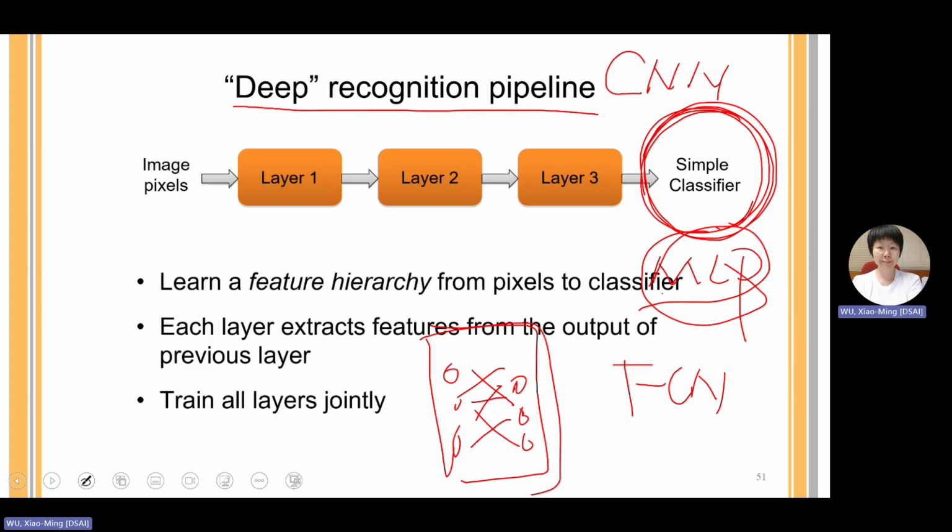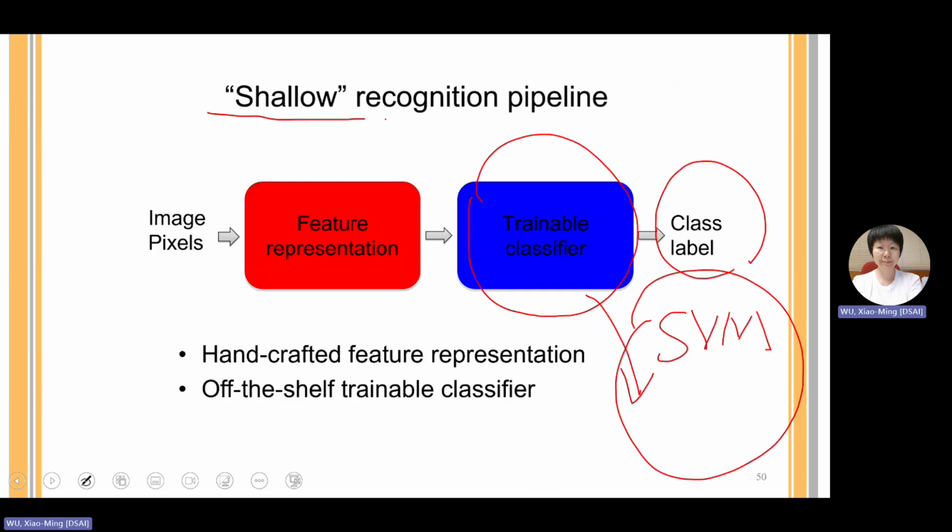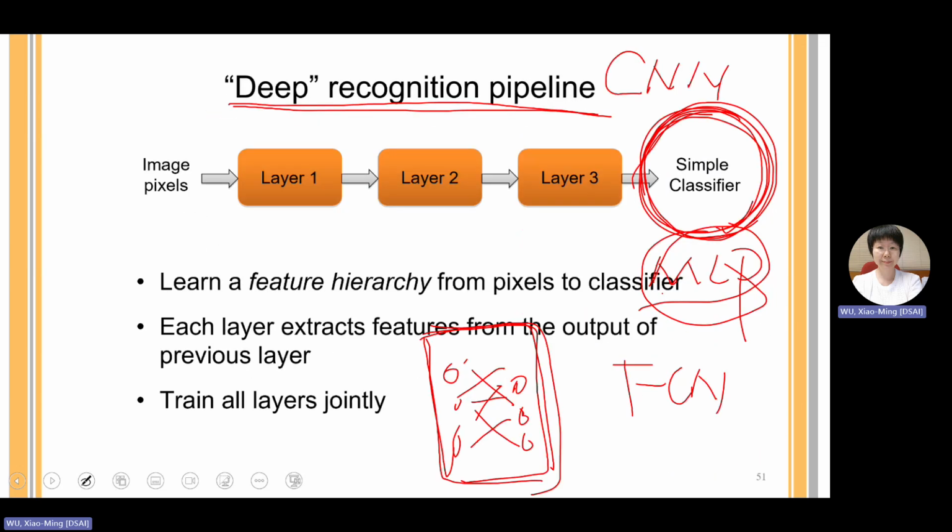You may say these fully connected networks involve many neurons and many weight parameters, so the MLP is not a simple classifier, but it's architecturally simple, only two layers. I want you to appreciate the difference between the shallow recognition pipeline and the deep learning pipeline.